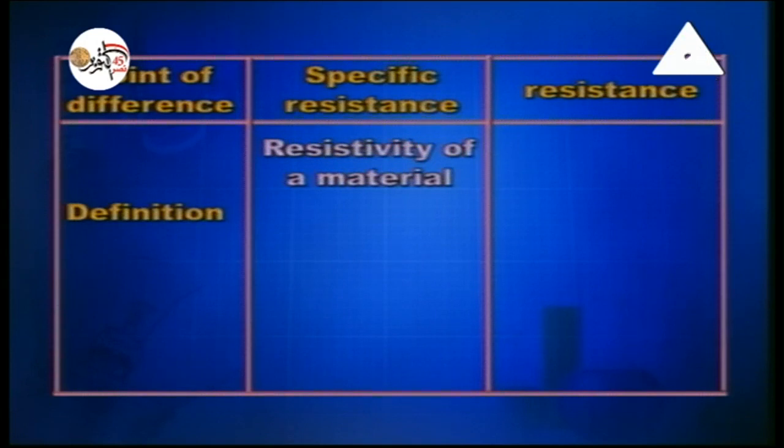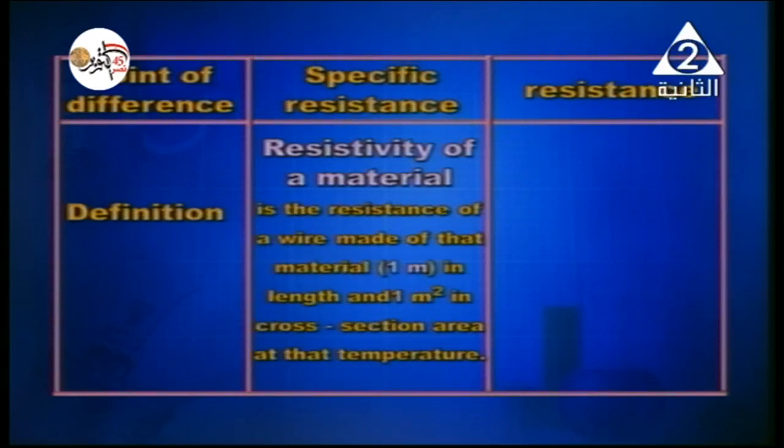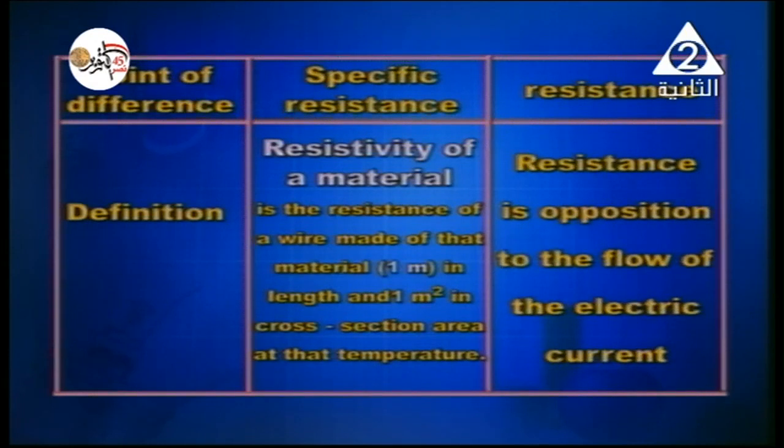Definition of a specific resistance or resistivity of a material is the resistance of a wire made of that material. The wire is 1 meter in length and 1 meter squared in cross-sectional area at that stated temperature. What about the definition of resistance? It is opposition to the flow of the electric current, opposition to the flow of electrons.